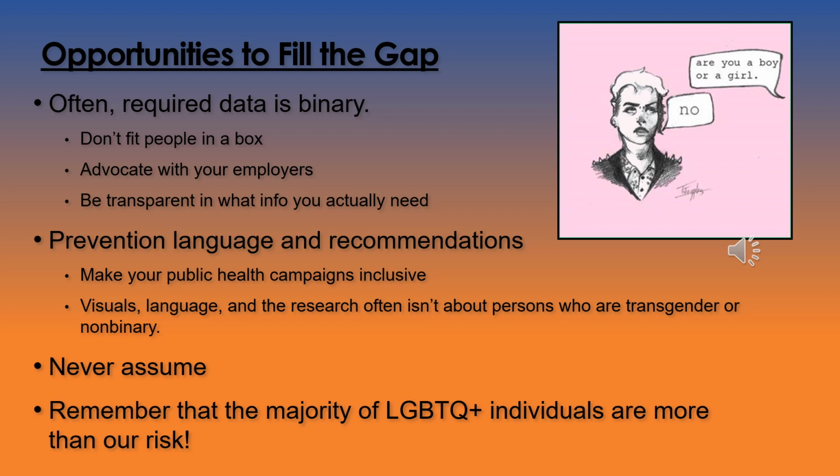If you think about it, some of the printed forms that we have, visuals, language, and the research are not about persons who are transgender or non-binary, so it doesn't affect them and they feel left out. And of course, never assume that what we do doesn't have implications that have other ripple effects as well. Treat people as they want to be treated, and remember that the majority of LGBTQ plus individuals are more than just their risks.